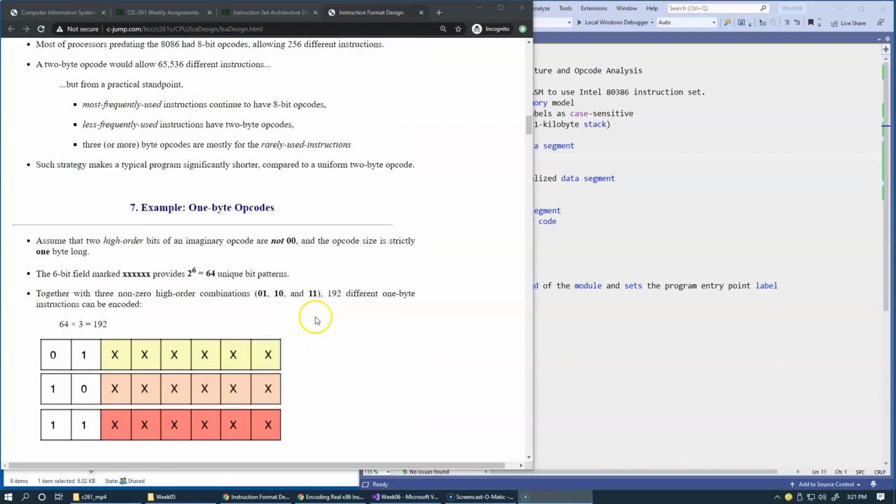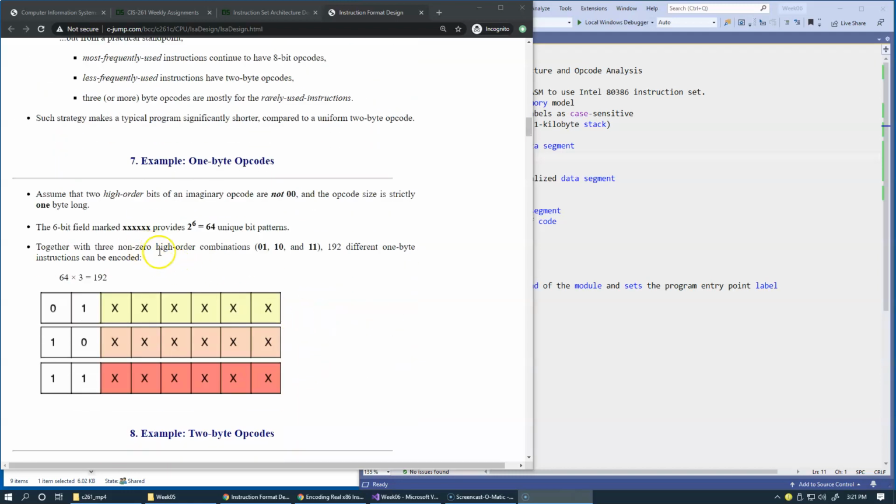And the ranges of instructions here, if for instance we have 6 bits dedicated to unique patterns of instruction encodings, of course this is 2 raised to the 6th power, it gives you 64 unique instructions, which will have overall 1 byte size.